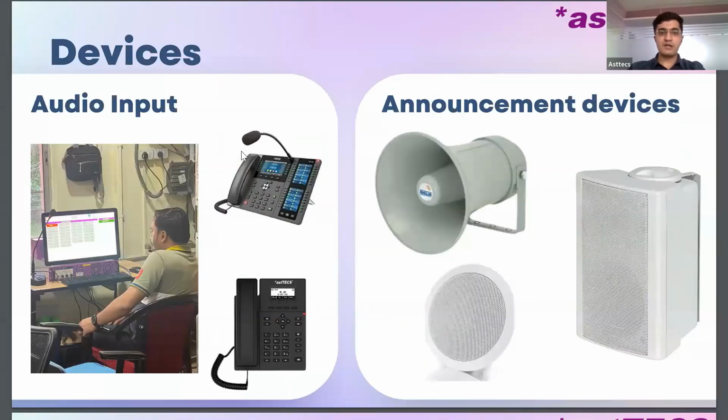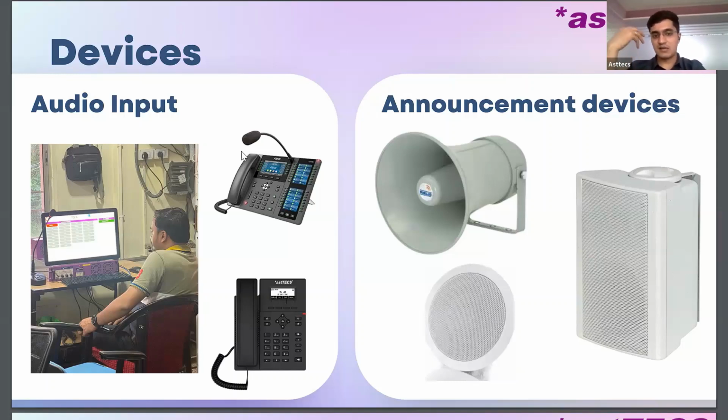Now, devices. We've talked about the speaker, how the speaker connects to networks, how the manager does it, how the admin does it, but what are the actual devices? For audio input, or the manager's control, you have different devices varying on the level of comfort.